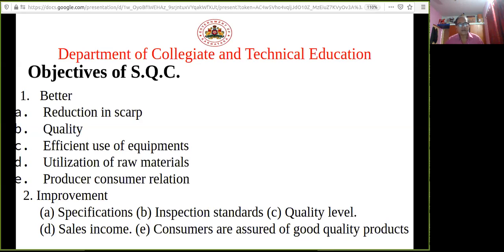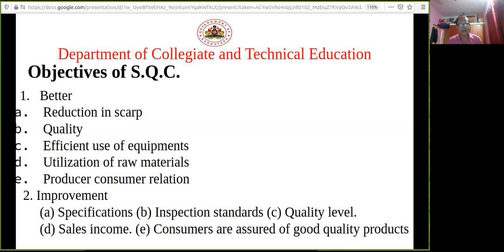Then, because of SQC, there is the best relationship between the producers and the customers. As you know, when you use statistical tools for the manufacturing processes, the producers and the customers will come to an agreement. So there is no question of inspection by the producers and inspection by the consumers.